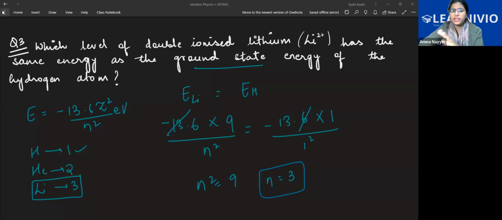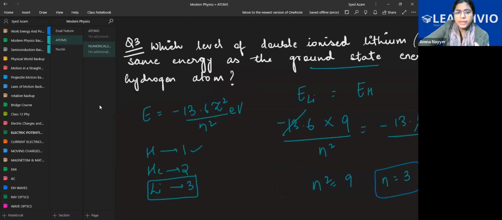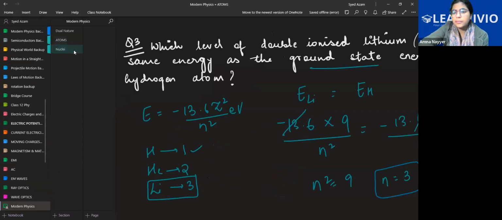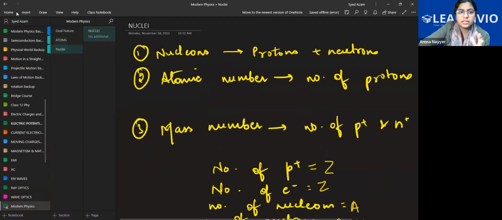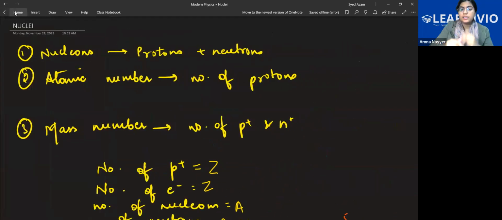So nuclei is a very short chapter. Basically, till now, we were studying about the atom.